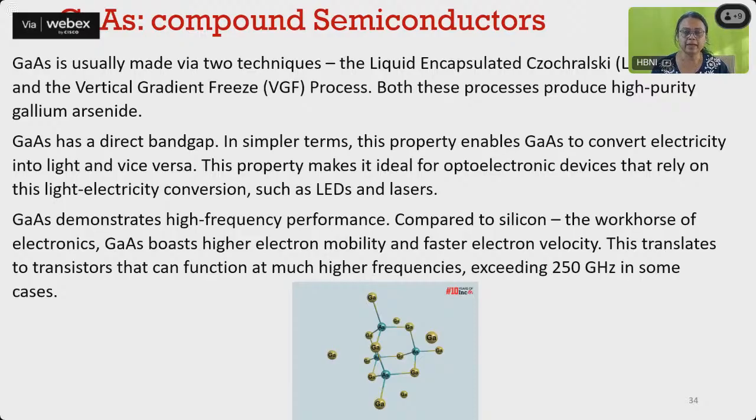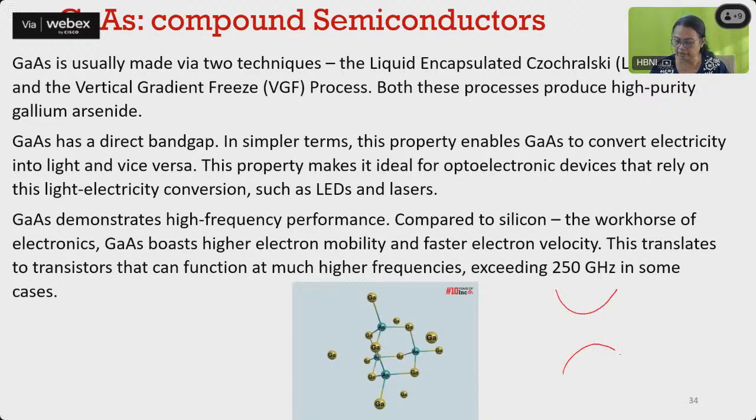So what is a direct band gap? It means the minima of the valence band and the conduction band are both at K equals 0. This property enables gallium arsenide to convert electricity into light and vice versa.